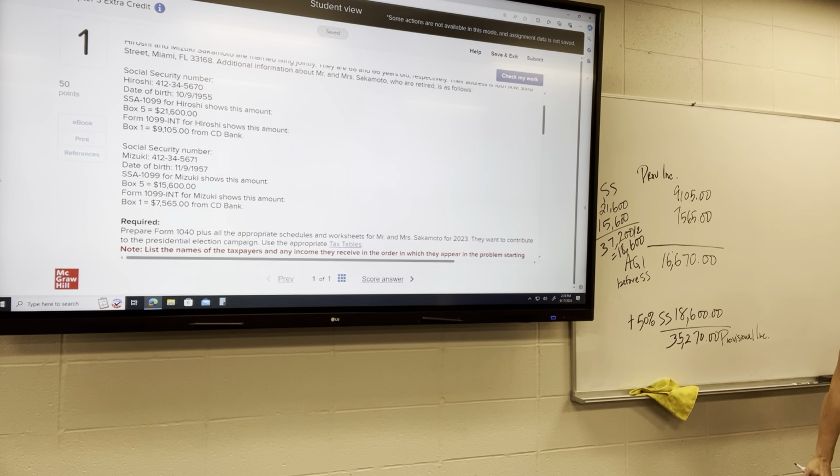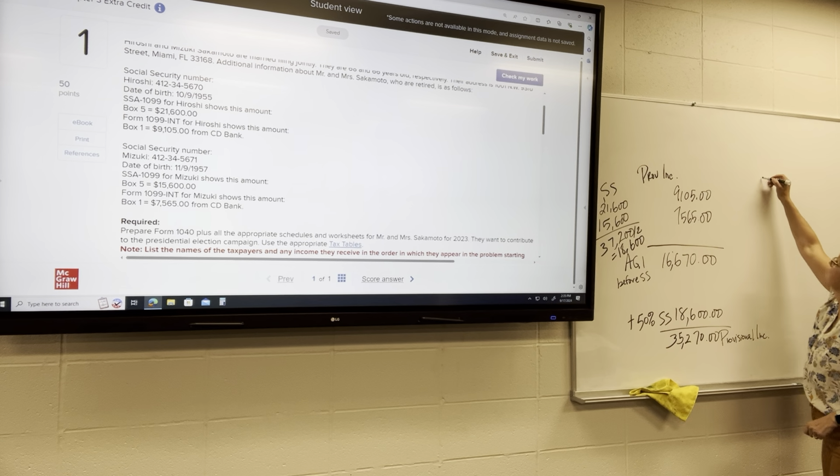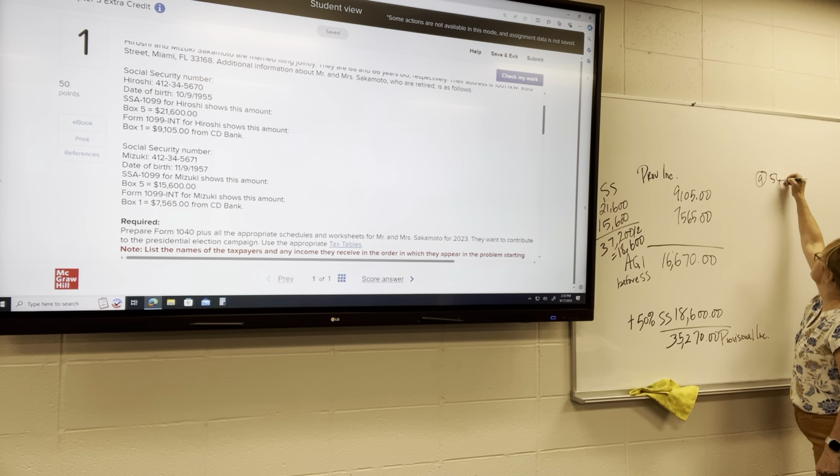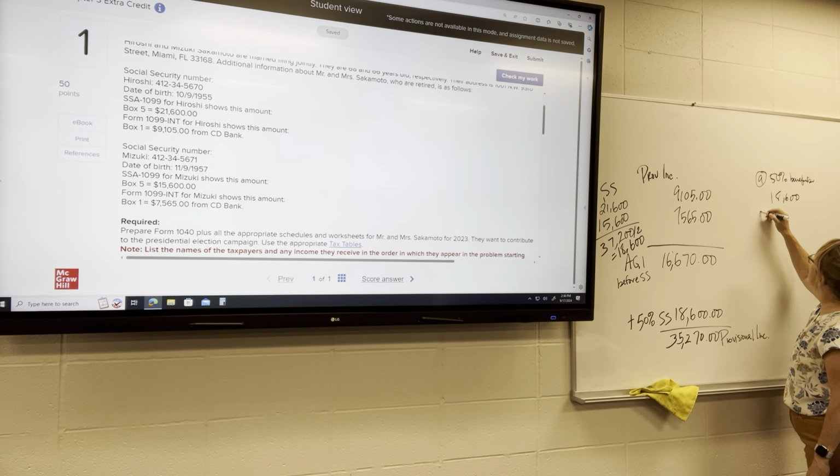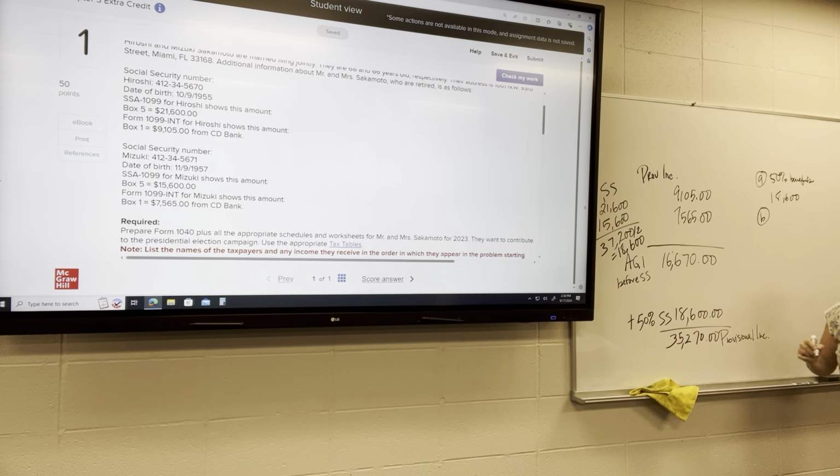Now it's gonna be the lesser of 50% of benefits or 50% of the excess over 32,000. So 50% of benefits is the first choice. We've already done that, 18,600. Or B, 50% of the excess over provisional income.